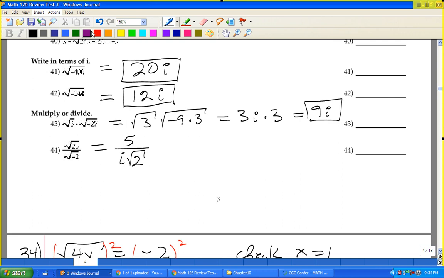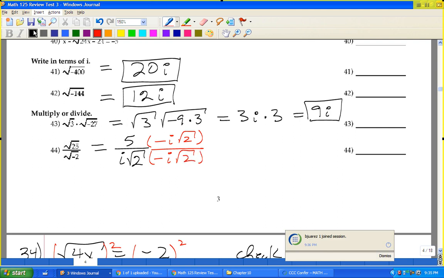Let me multiply and divide by negative i rad 2. And so if I do that, I get 5 times negative i rad 2, which is negative 5i rad 2.